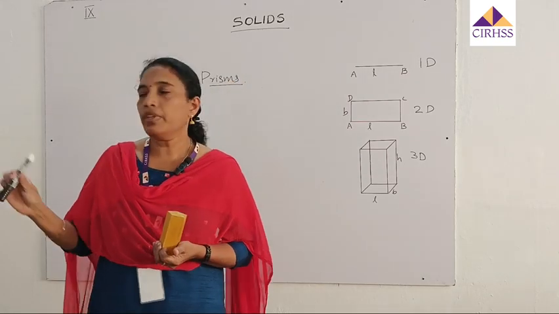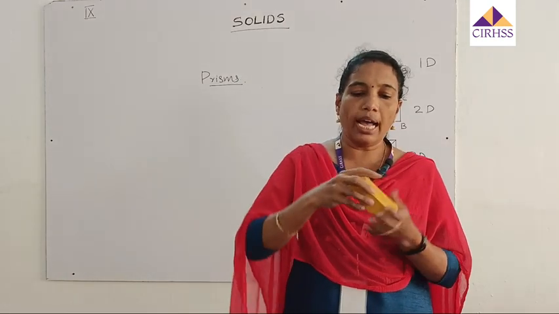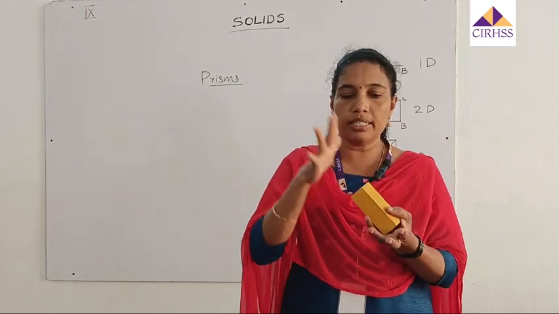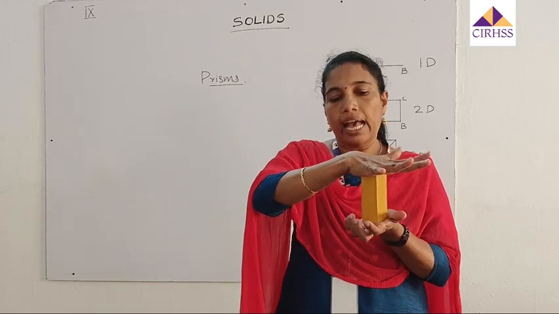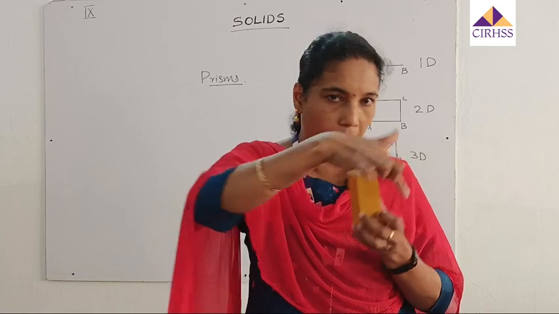So, what is a prism? Prisms are solids having two identical polygons at both ends and rectangles having the same height all around.